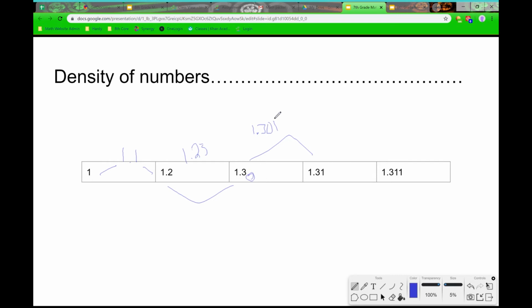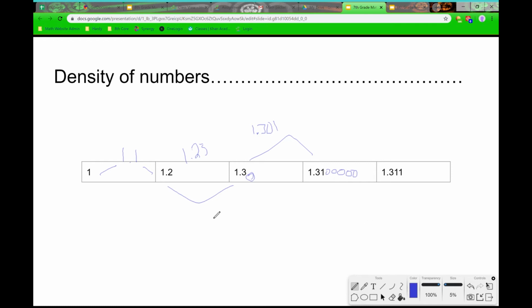I can always just keep adding a decimal place like I did here. I just add a decimal place and I can keep going on and on. Well, 1.3101, 1.3102, 1.31000007. I can keep adding decimal places, and I can always find a number that's greater than this one and smaller than this one, no matter how many decimal places I go out.